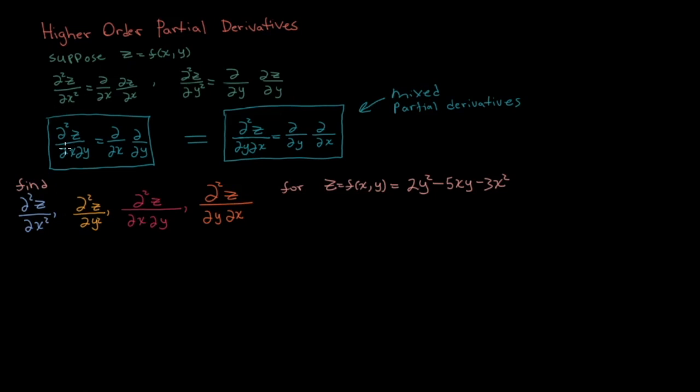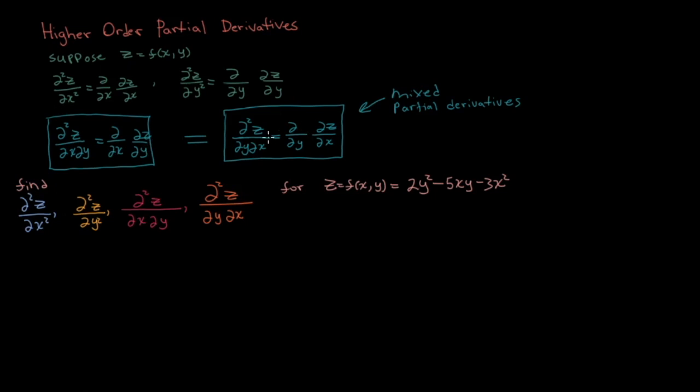Now, on the other hand, we can also have what are called mixed partial derivatives. What that means is we take the partial derivative of z with respect to y. Excuse me, there should be a z here. You can take the partial derivative of z with respect to y, and then take the partial derivative of that function with respect to x.